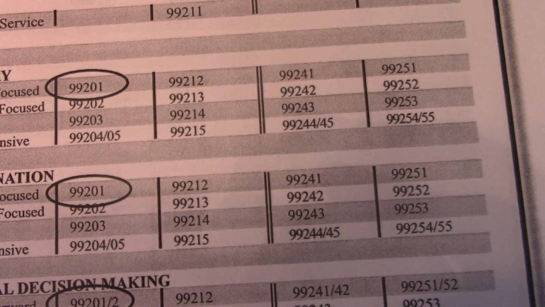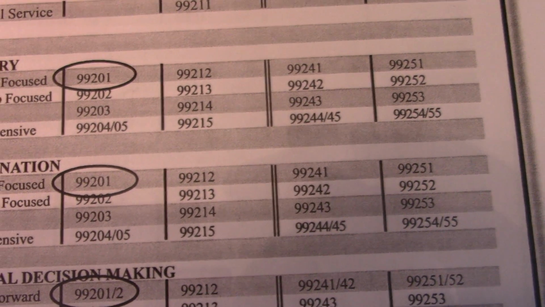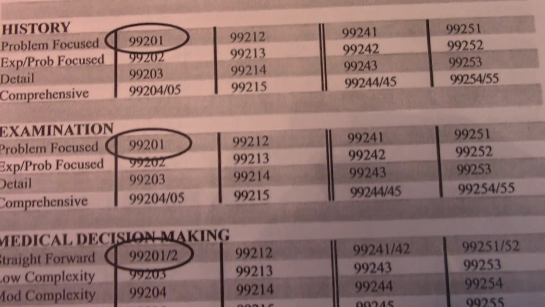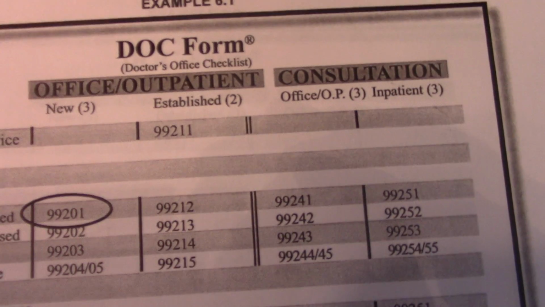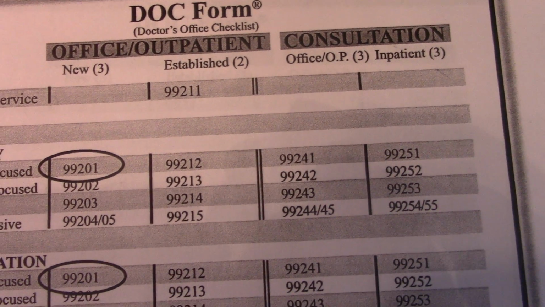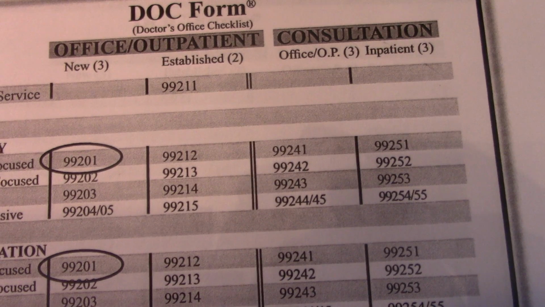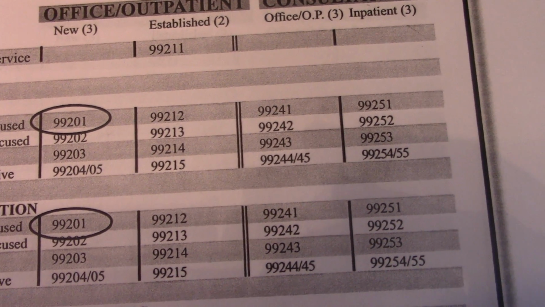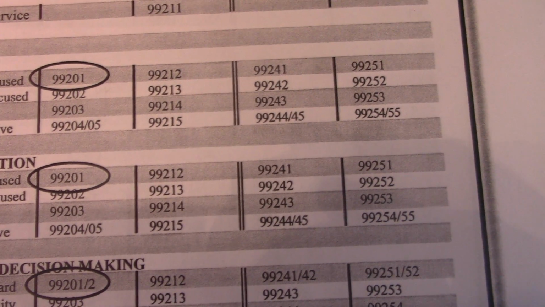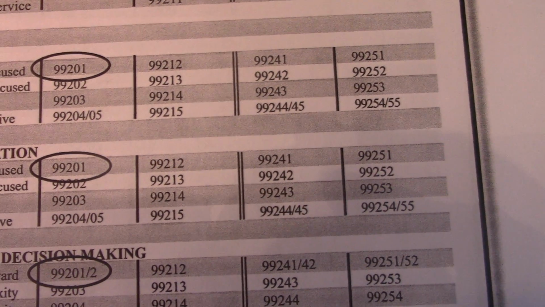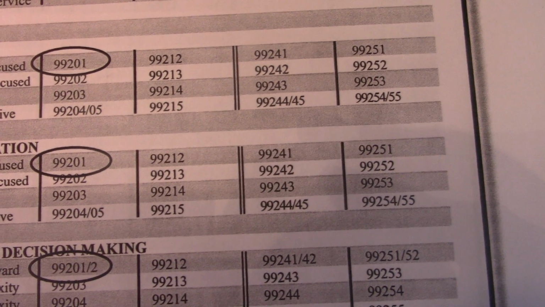Okay? Because 99201 were circled 3 out of 3 times. And that lets you know, because it's a new patient, that must be met 3 out of 3 times. Okay? You ready to try another one?